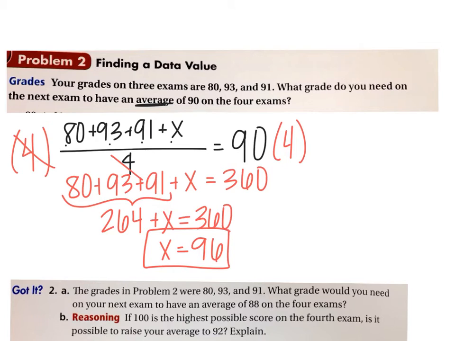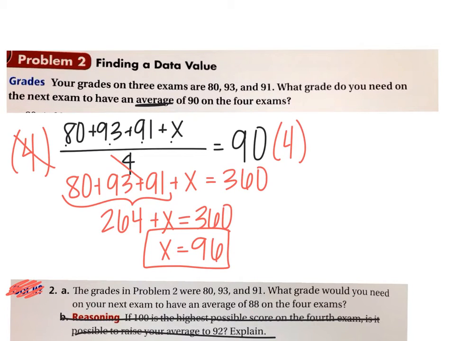Okay? So this is not your guided question, but here's an example question down here that you can try to figure out: 80, 93, and 91. Same as up here, but I need to have an 88 average. We won't do this part.